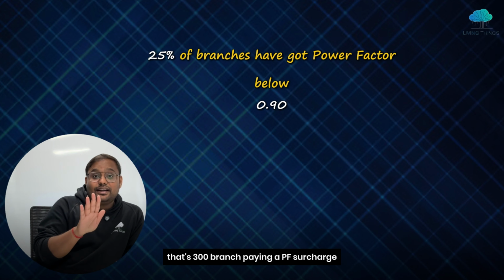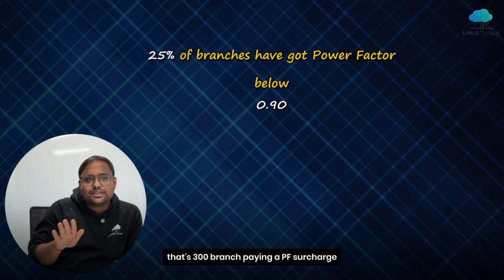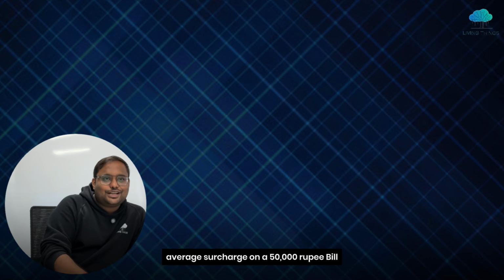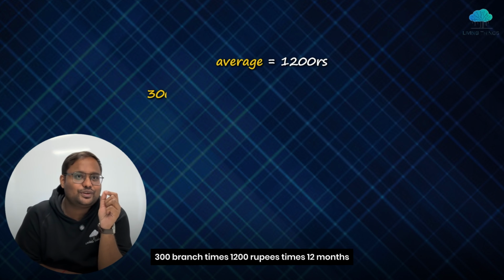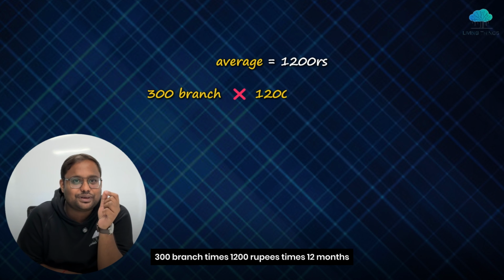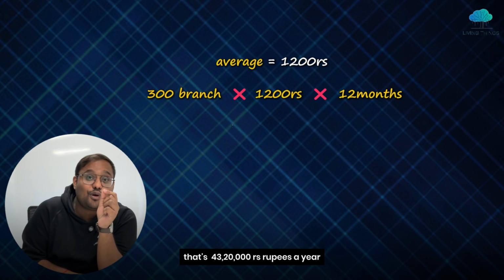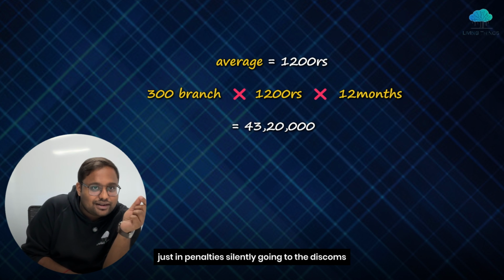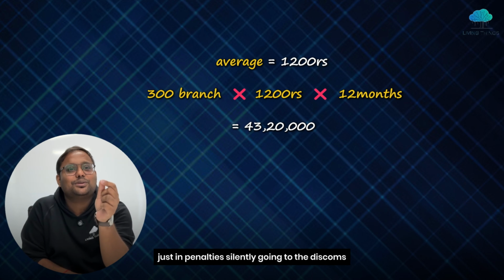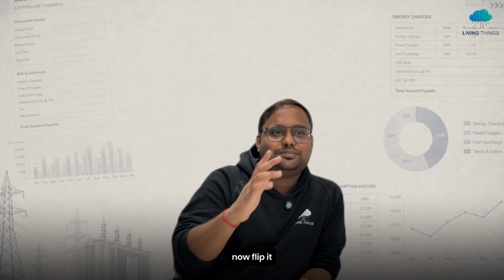That's 300 branches paying a PF surcharge. Average surcharge on a 50,000 rupee bill is typically 1000 to 1500 rupees per branch per month. Let's take 1200 rupees as the average. 300 branches times 1200 rupees times 12 months, that's 43 lakh 20,000 rupees a year just in penalties silently going to the DISCOMs.